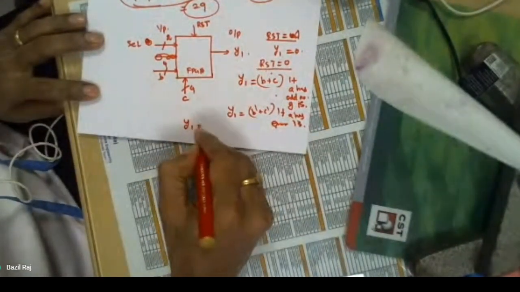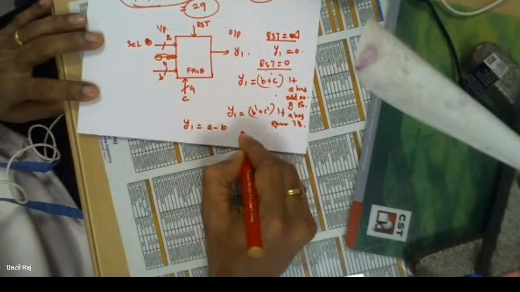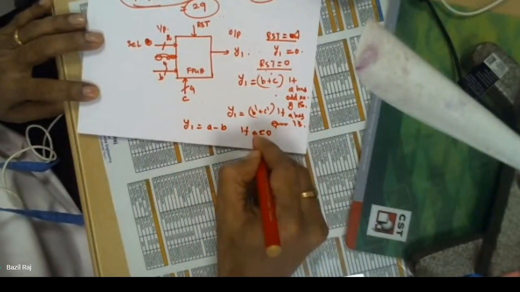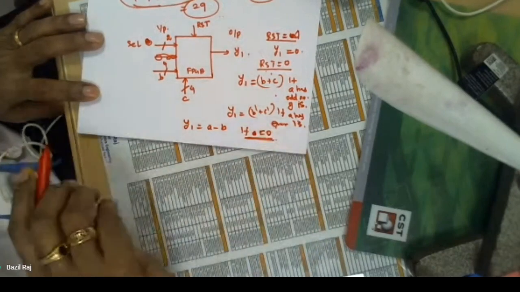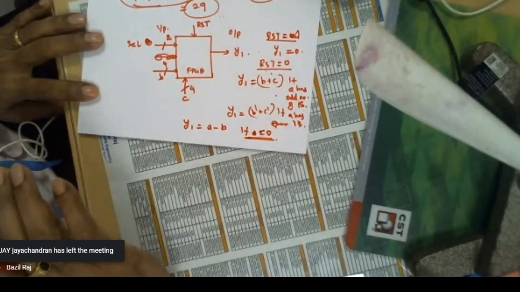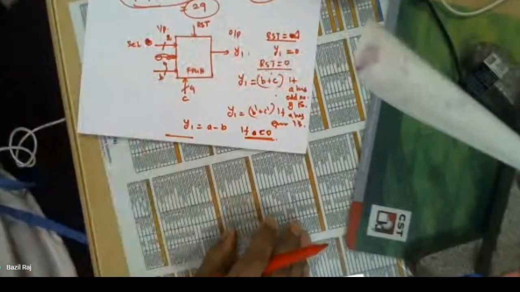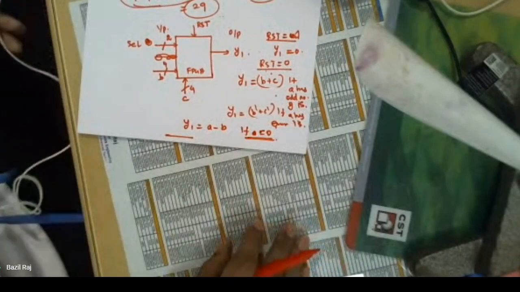And Y1 is equal to A minus B if A equal to 0. Design the VHDL circuit for this one now.